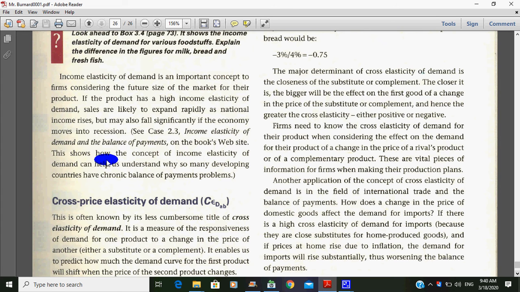Alright? This shows how the concept of income elasticity of demand can help us understand why so many developing countries have chronic balance of payments problems. So these are things that you don't need to focus on. Alright?